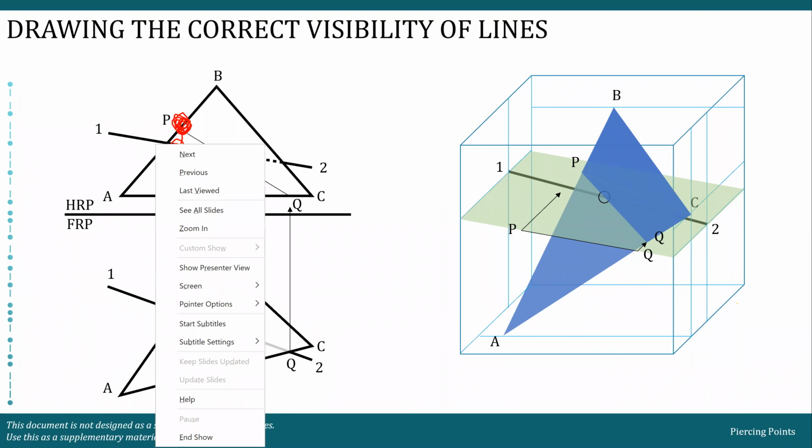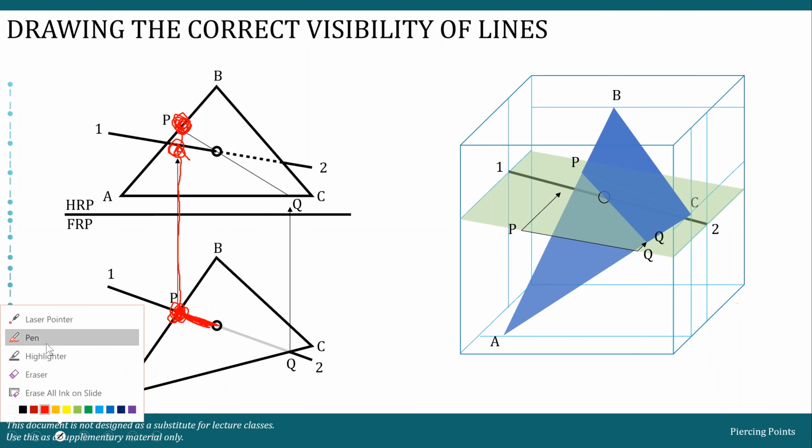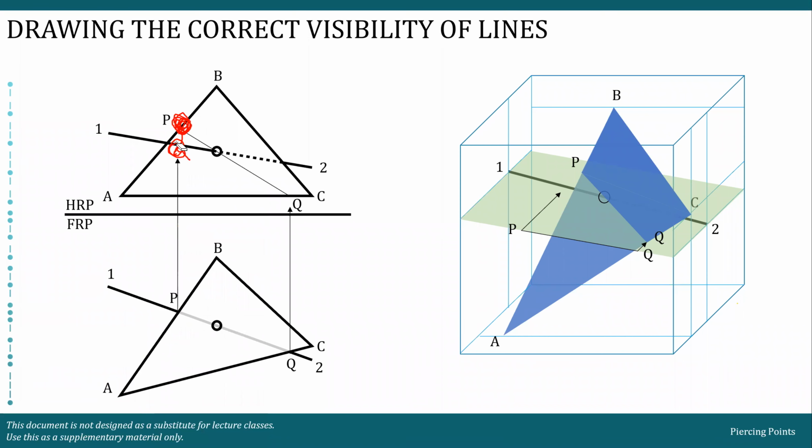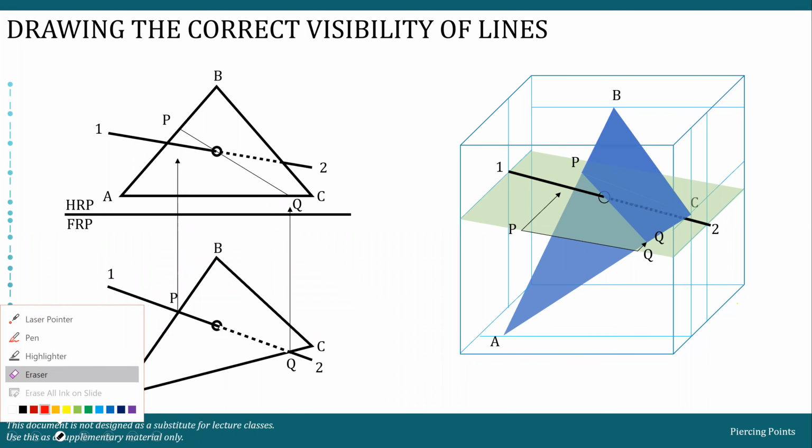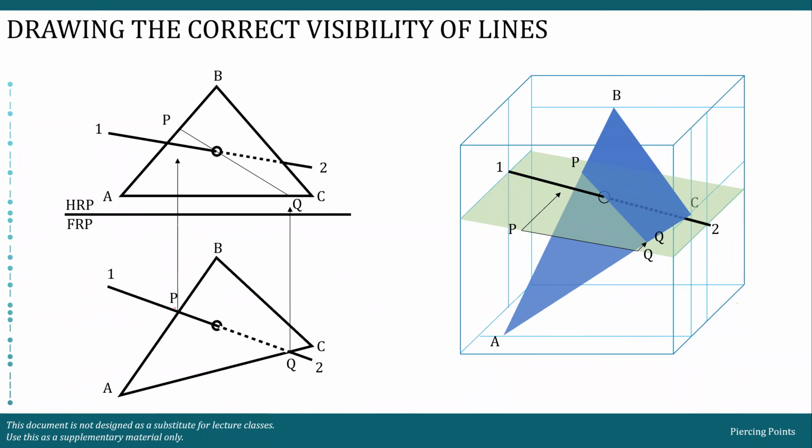I-erase ko lang muna kasi meron akong gustong i-highlight sa inyo. Nung pinroject ko siya, baka kasi malito kayo, no? You are comparing or you are checking side AB and 1, 2. You are not literally, at least for this method, you are not comparing ABC and 1, 2 so far. Kasi baka ang tignan nyo, ay nakita niya yung AC. So ibig sabihin ABC is in front. Hindi ganun yun ha.